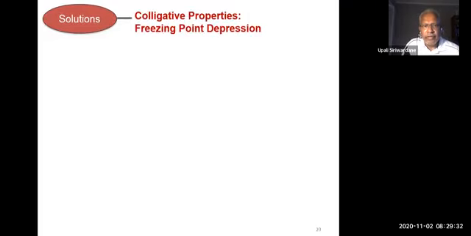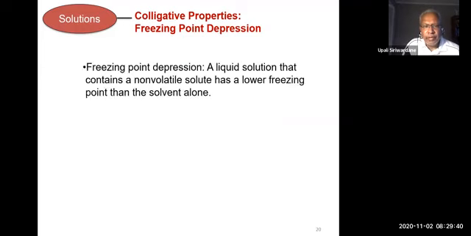Now we're looking at the freezing point, which has the opposite effect. Freezing point depression. A liquid solution that contains a non-volatile solute has a lower freezing point, unlike the higher boiling point. The freezing point is depressed.